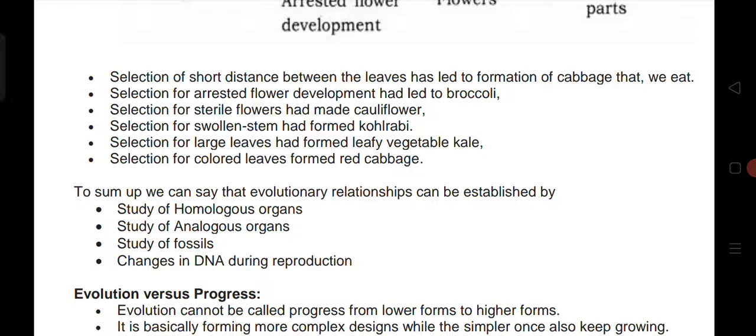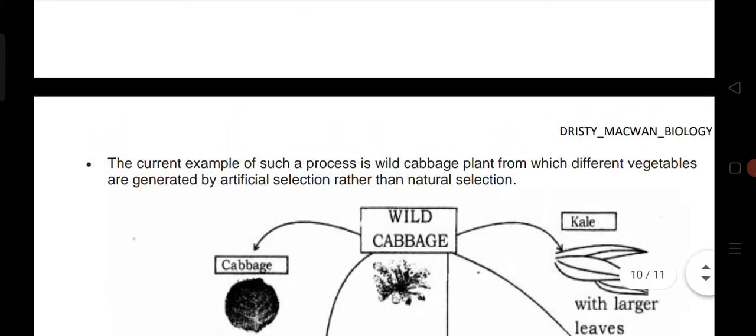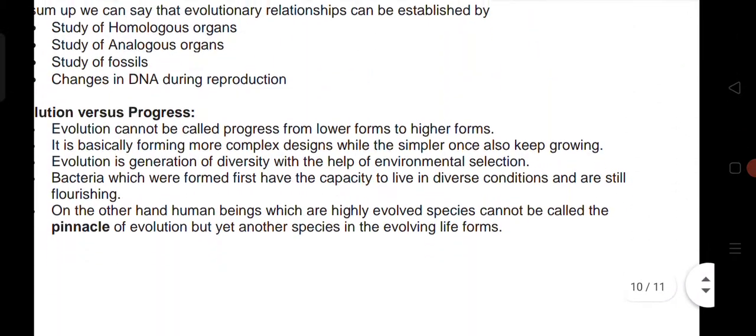So this can be established by the study of homologous organs, the study of analogous organs, the study of fossils, as well as the changes which take place in the DNA during reproduction, right? So this is all about the topic, evolution by stages.